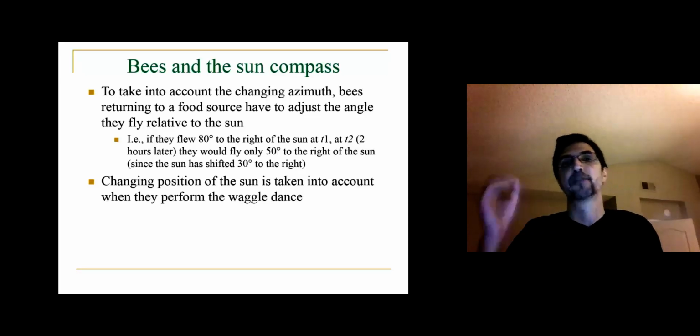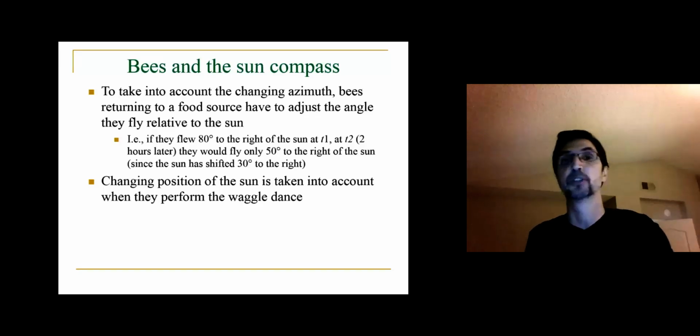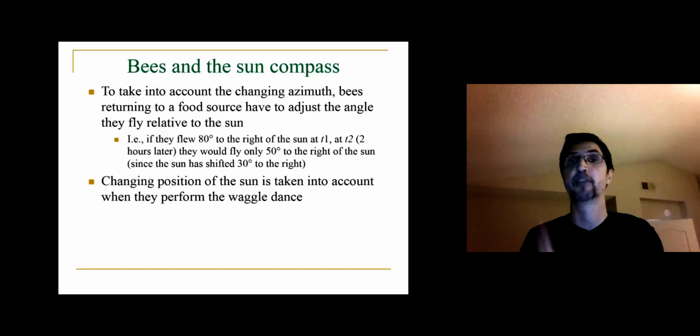If they flew 80 degrees to the right of the sun, they would overshoot the food source by 30 degrees. Why? Because the sun has shifted 30 degrees to the right. So what the bees would do is they would only fly, 2 hours later, 50 degrees to the right of the sun.